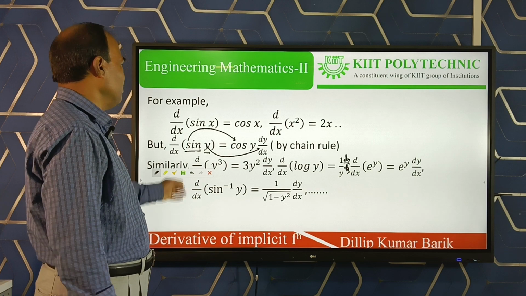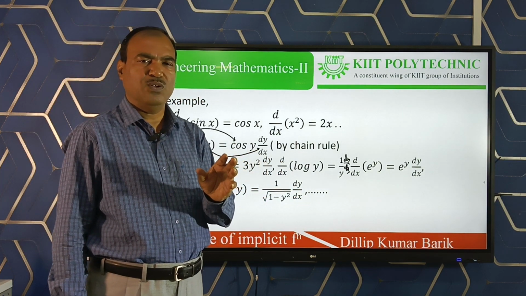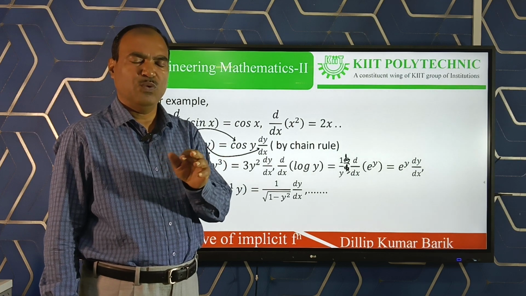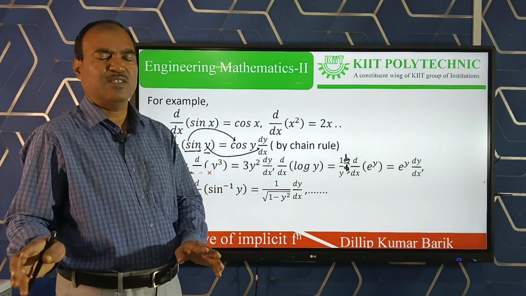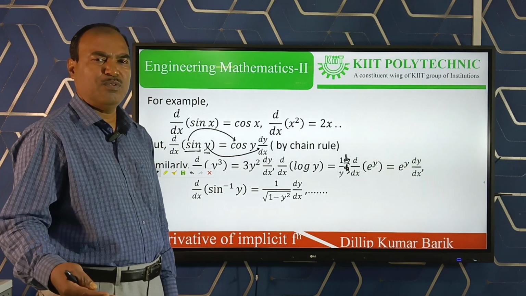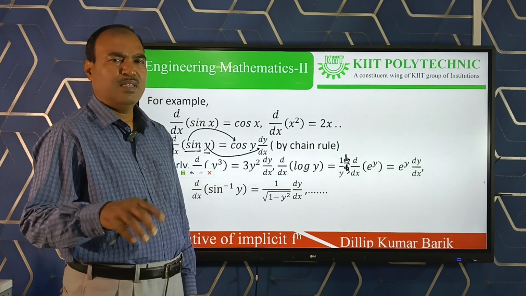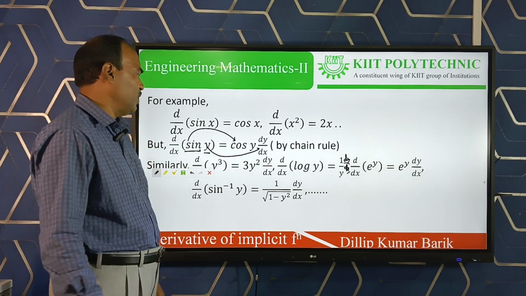So it is very clear, by the chain rule, when the derivative of a function of the x variable is taken with respect to x, the answer is just the same variable. But when the function is in another variable with respect to x, the derivative part dy by dx, or maybe dx by dy, is always present.